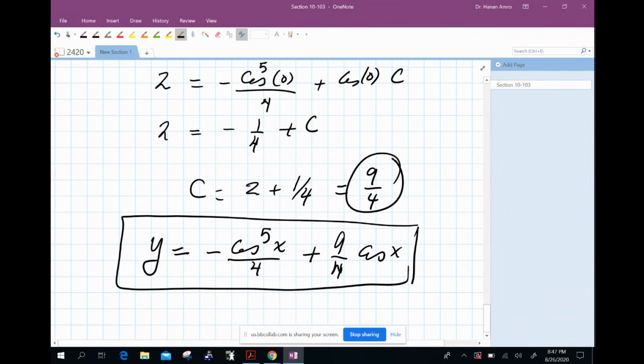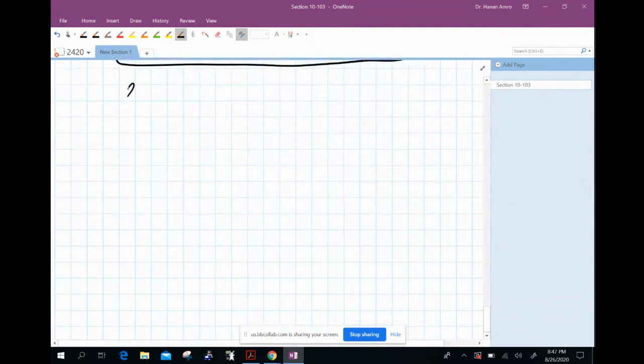So now let's look and see if the question right here will say, just find the integrating factor.